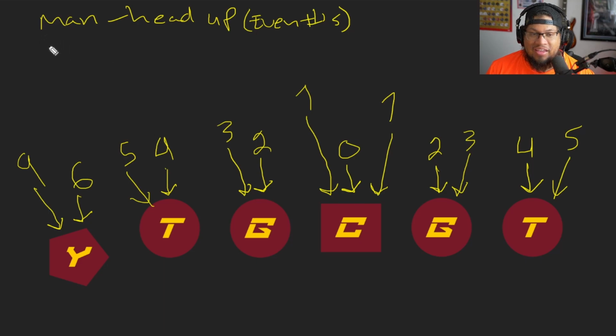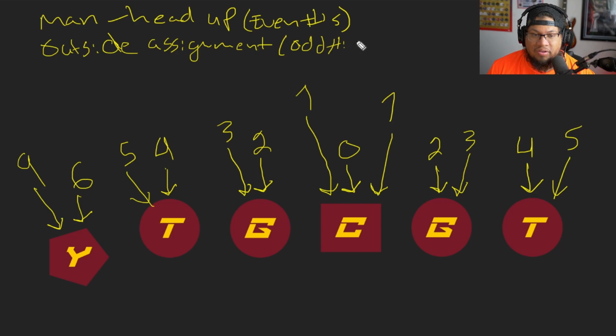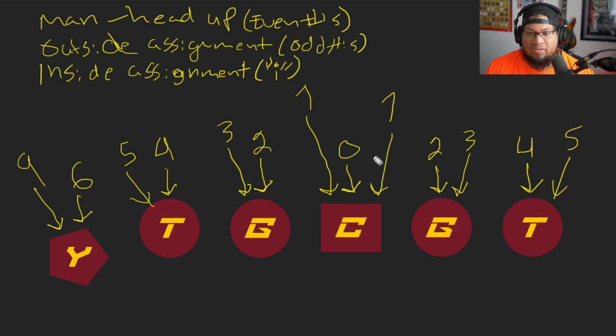Now, the inside. So we talked about the outside assignment, so it's going to be odd numbers. The inside assignment will have what's called an "I" to recognize that. So what do we mean by that?